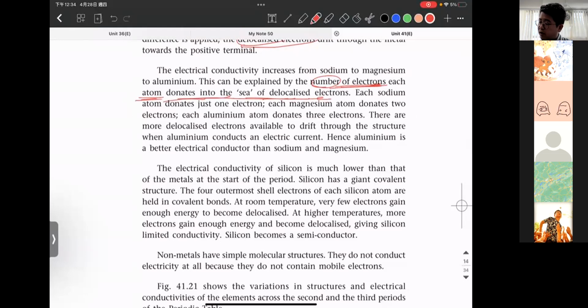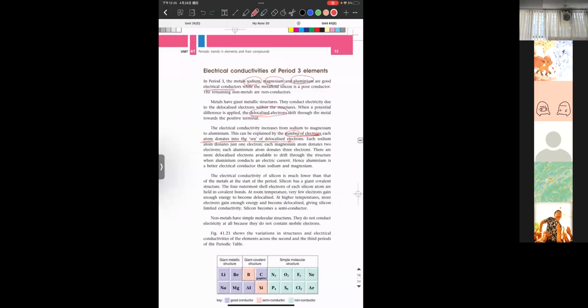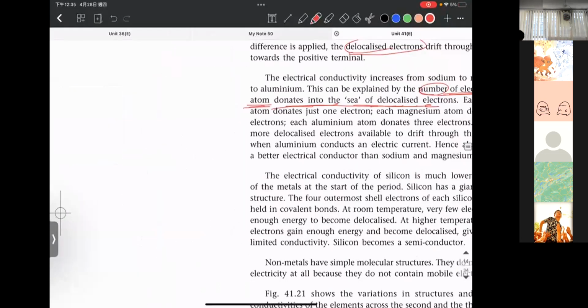So it depends on that. These are the keywords I would like to mention. If you want to tell quantitatively, the point to compare is the term per metal atom. How many delocalized electrons can be formed? Remember, this is a very important concept. This is what I would like to remind all of you.